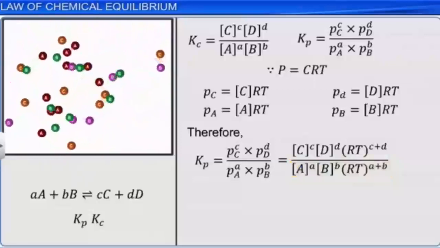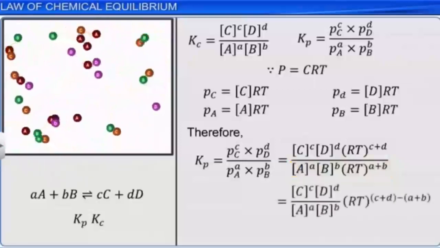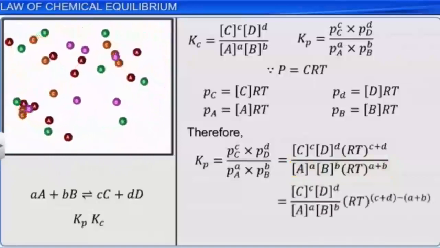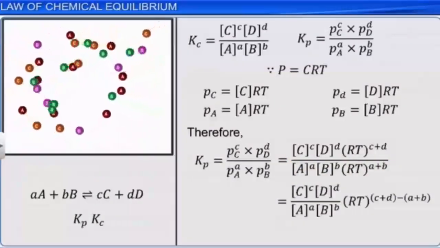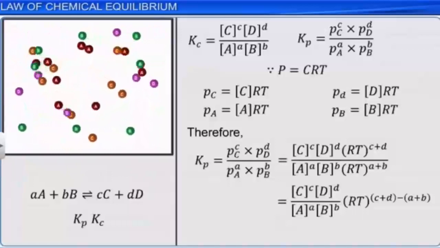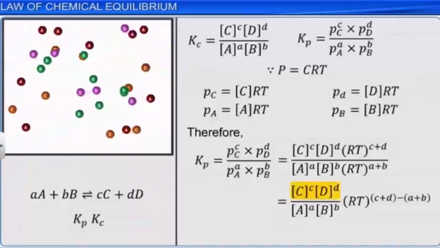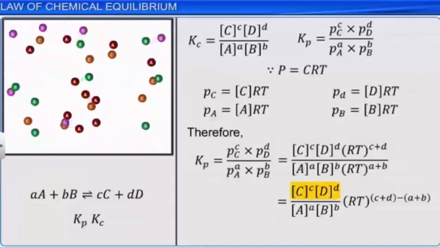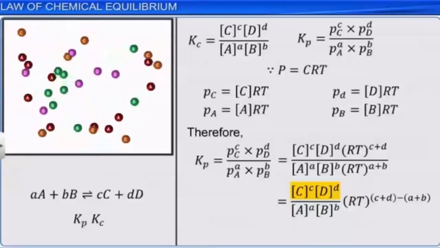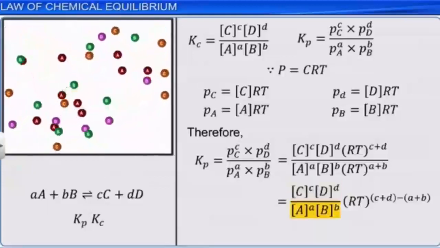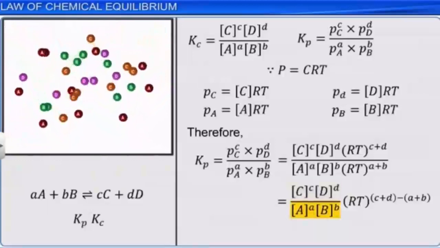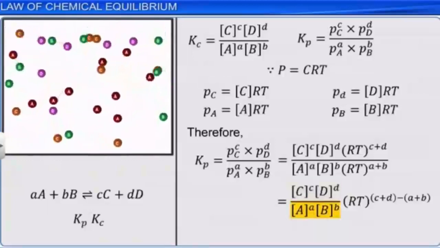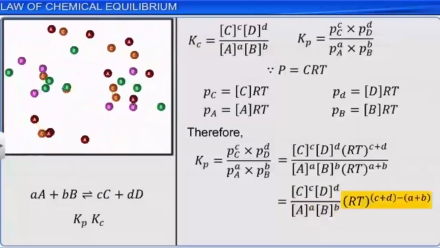This can be written as the product of the concentration of the products C raised to the power of c and D raised to the power of d, divided by the product of the concentration of A raised to the power of a and B raised to the power of b, multiplied by the product of R and T raised to the power of sum of c and d minus sum of a and b.